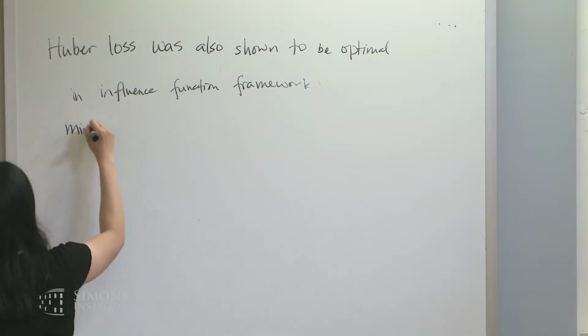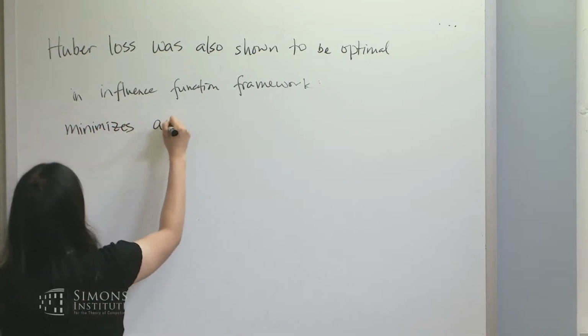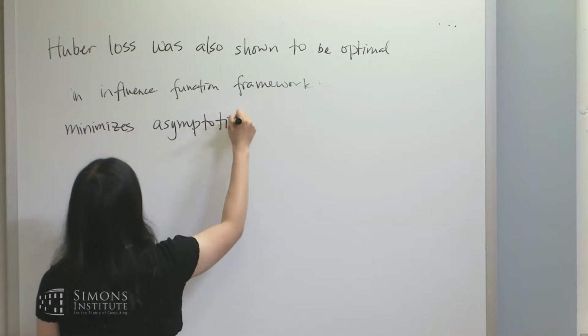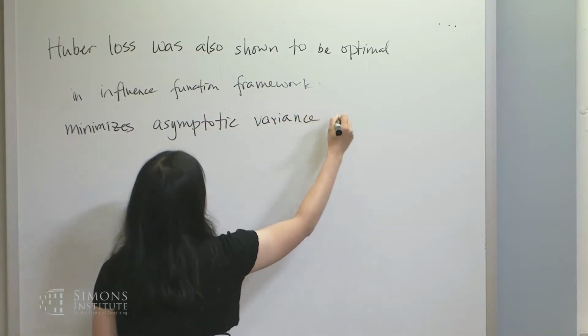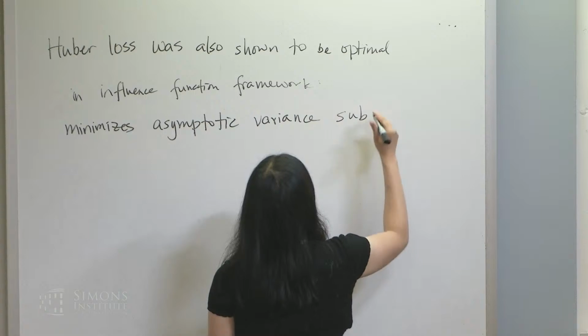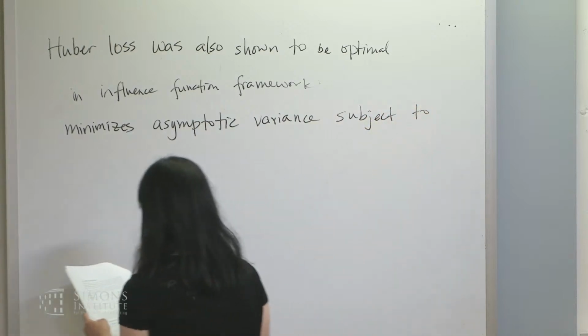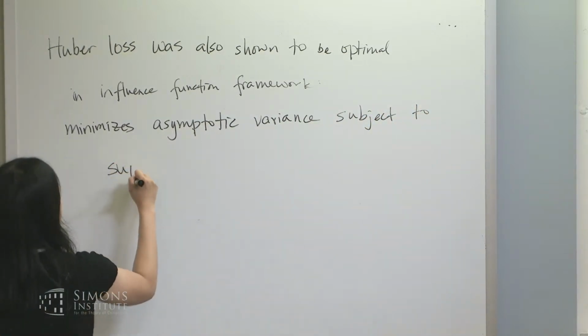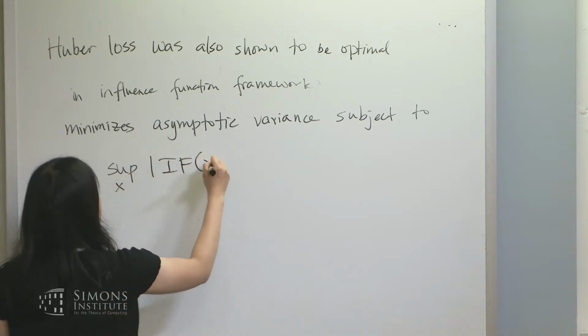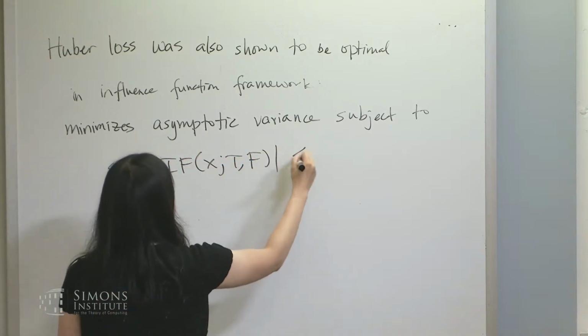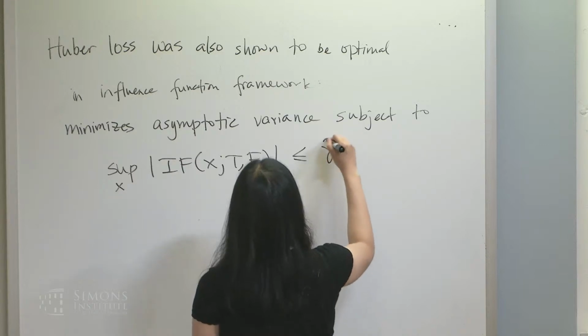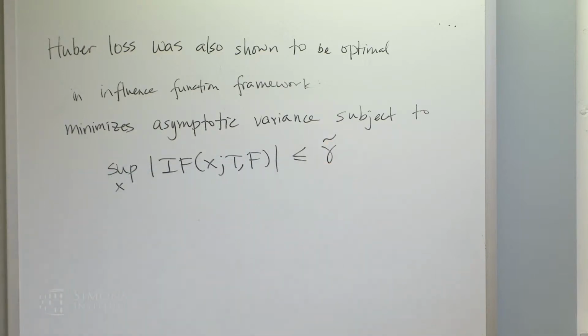It minimizes asymptotic variance subject to a bound on the gross error sensitivity. I don't want to say gamma, so let's say gamma tilde. So this is a sort of reason number 2 for why statisticians like Huber. If you think of a different framework of robustness, it's still sort of an optimal thing.